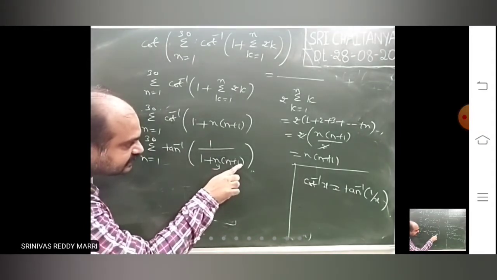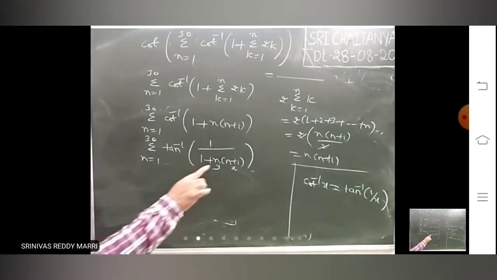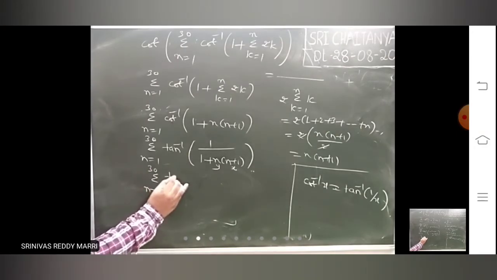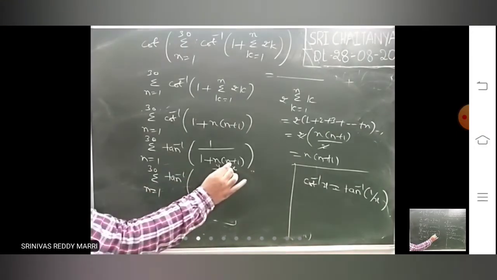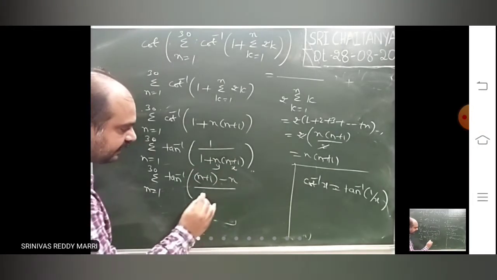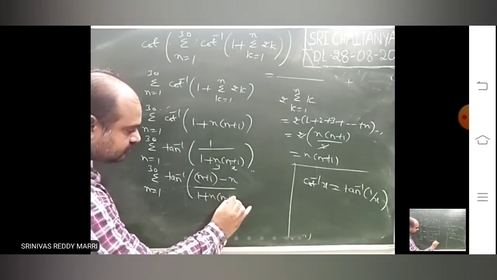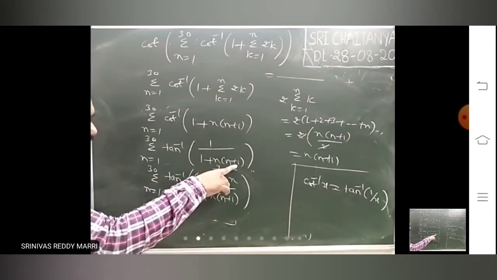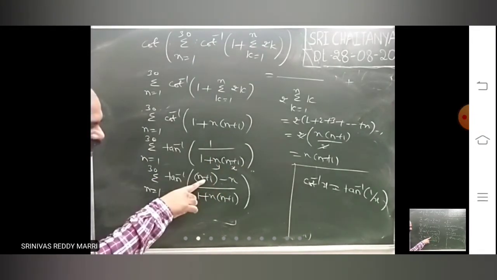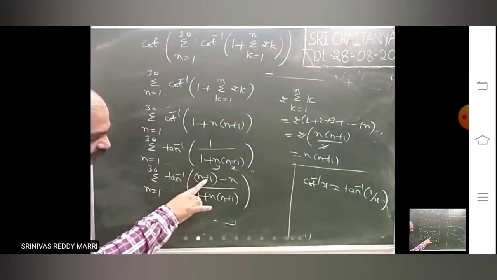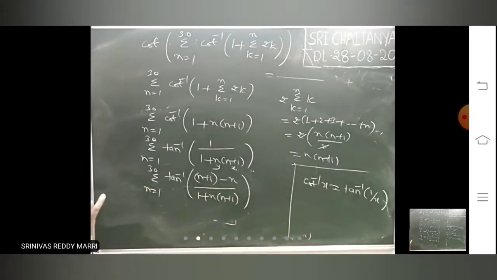The xy term is already there, and x minus y means 1 only. This 1 I am writing as n plus 1 minus n. So this is of the form tan inverse of x minus y divided by 1 plus xy.